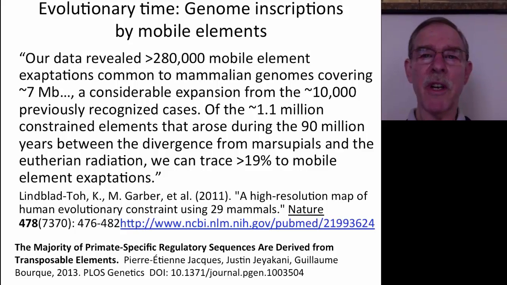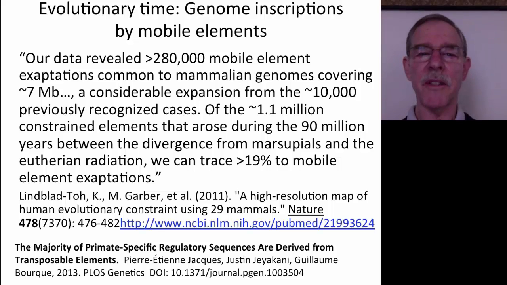Over evolutionary time, genome inscriptions have been extremely important. Here's one paper from 2011, which looked at the human genome in light of 29 sequenced mammalian genomes and found over 280,000 conserved elements that were derived from mobile genetic elements.